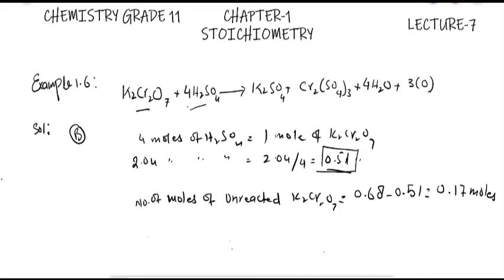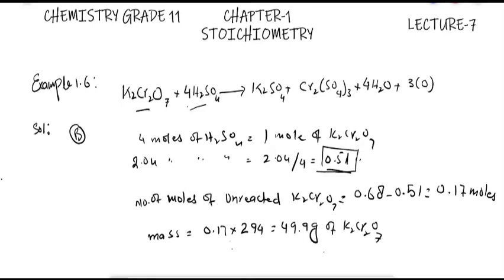So you can convert moles into mass by multiplying it with the molar mass. So 0.17 multiplied by the molar mass, that is 294. We already know that, and this is equal to almost 50 grams, that is 49.9 grams of potassium dichromate.